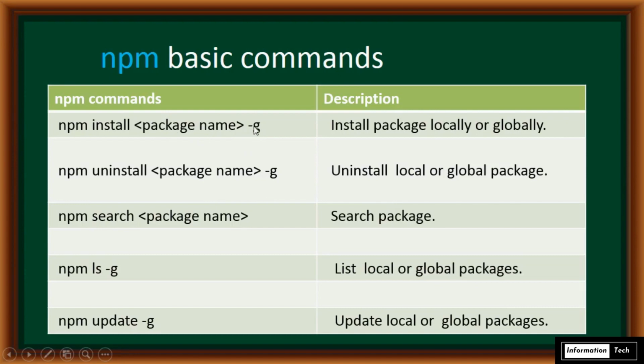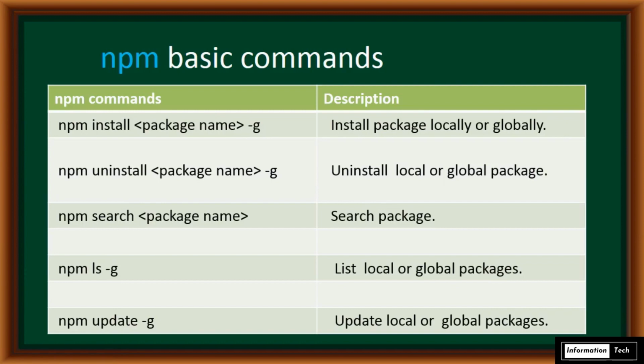If you're installing it locally, that means just for the use of your project, then you don't include the -g. Whenever you include the -g, that means you're installing it to be available globally.